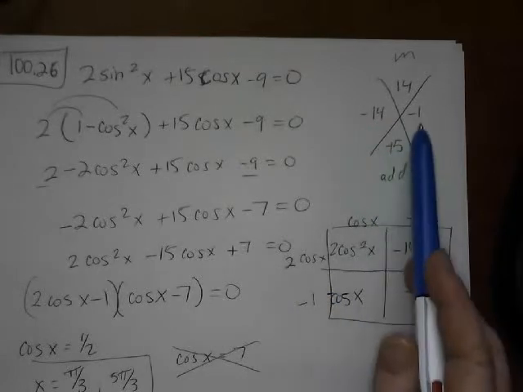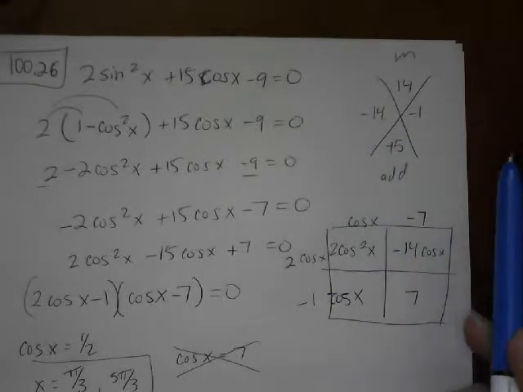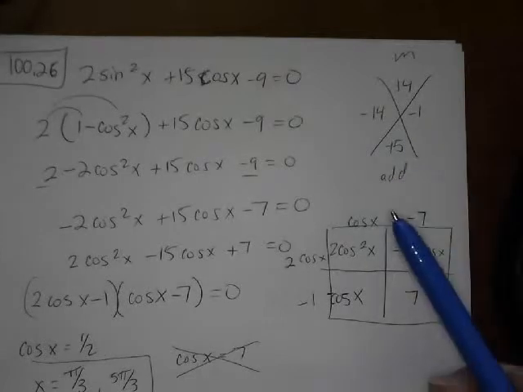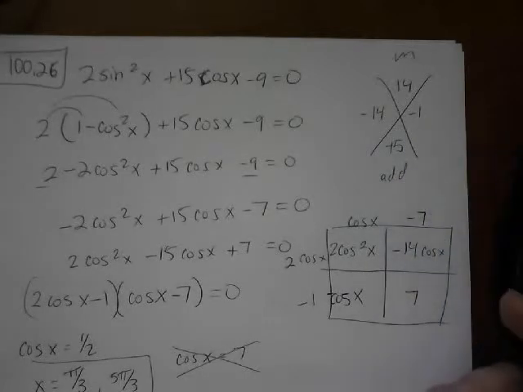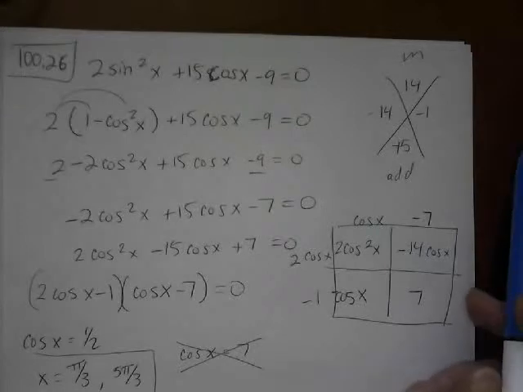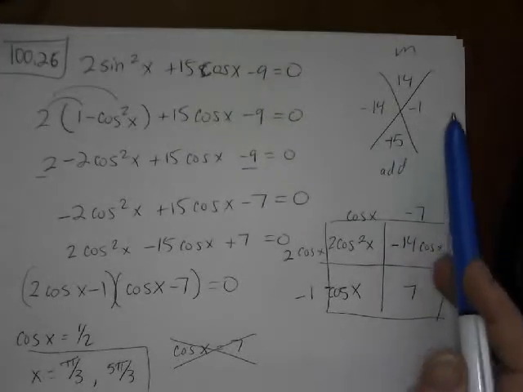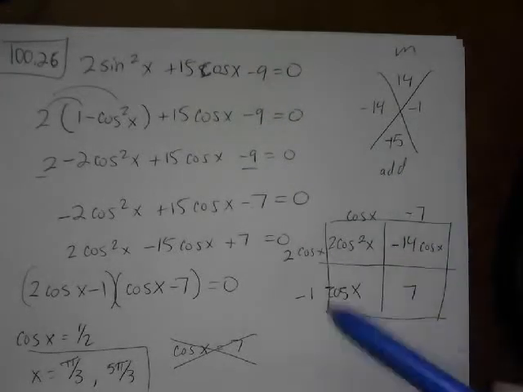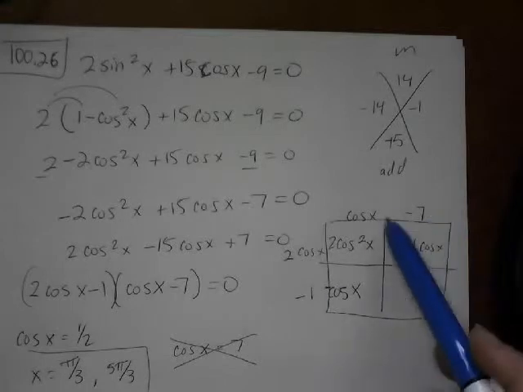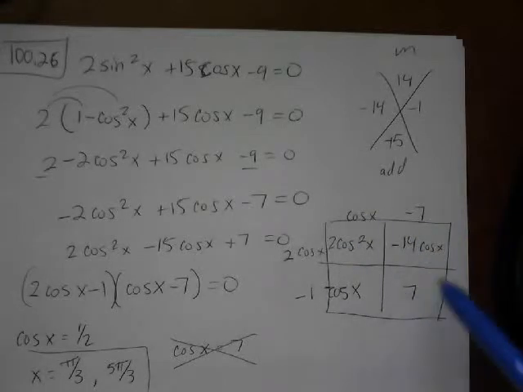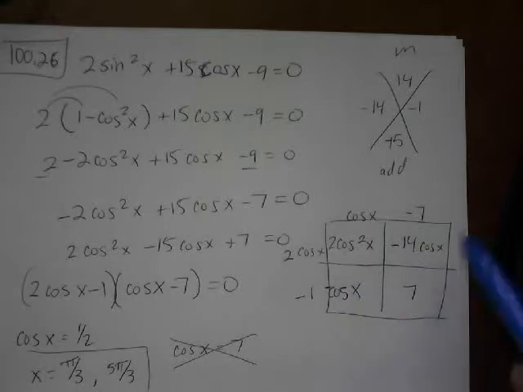Now that I have the two numbers that I want, I can't just say the answer is x minus 14 and x minus 1. I can either factor it by grouping, or I can use this area model.